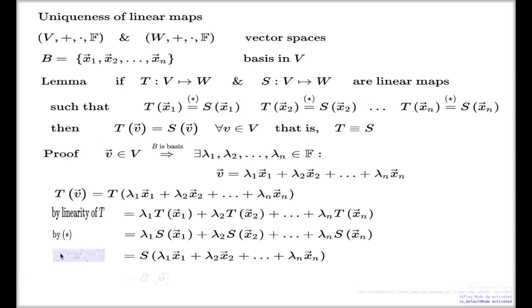This step is justified by linearity, but this time of the mapping S. And this can be shortened to S of V, because that's a representation for V. So you see we just proved that T of V equals S of V, and that is true for any vector V. My original choice for V was pretty random. I haven't put any restrictions on V. I said just choose any vector, and the argument worked. And that's the finish of the proof of this little lemma.